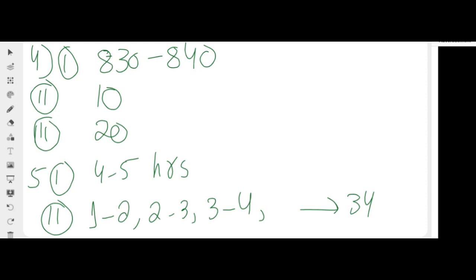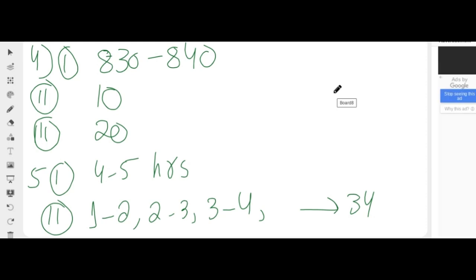And what do you think about less than 850? That is 20 workers. Less than 850, the ranges will be 800 to 810, 810 to 820, 820 to 830, 830 to 840, 840 to 850, and then only 20 workers. Got it?